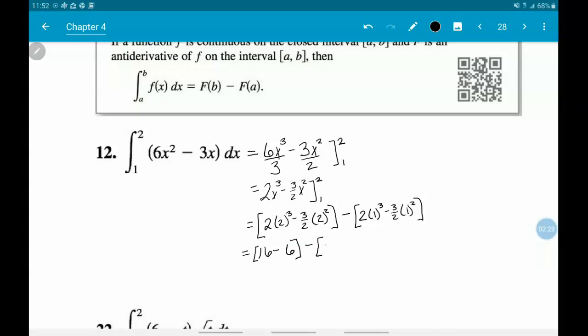If we simplify this, we're going to have 2 minus 3/2. So this ends up being 10 minus 1/2, which is 9.5. Now, one thing I want you to notice, we didn't include the plus c here.